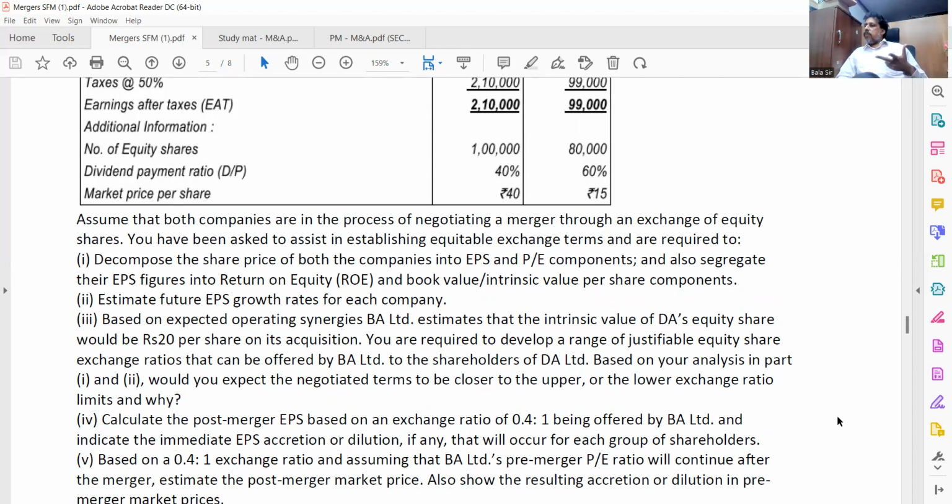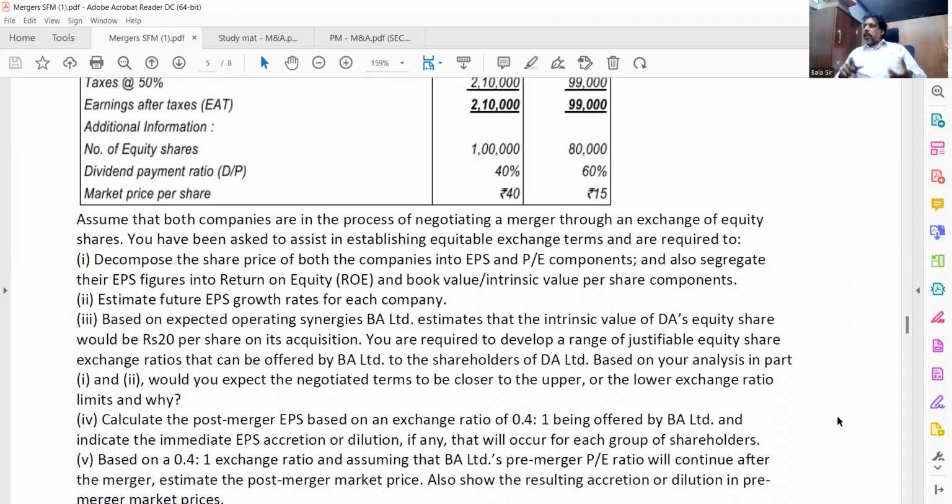It is given as rupees 2,10,000, right? And that is the net profit available to whom? The holders of equity shares. And tell me how many equity shares are outstanding in my company? 1 lakh. It's given 1 lakh shares. They haven't given it on the balance sheet. In the balance sheet, I think they've given only the share capital amount as 10 lakh, right, for BA.